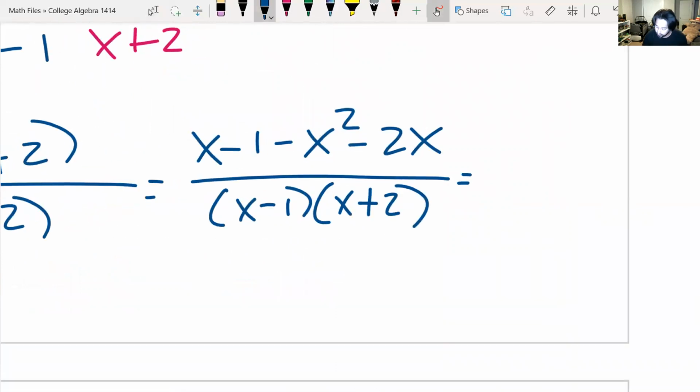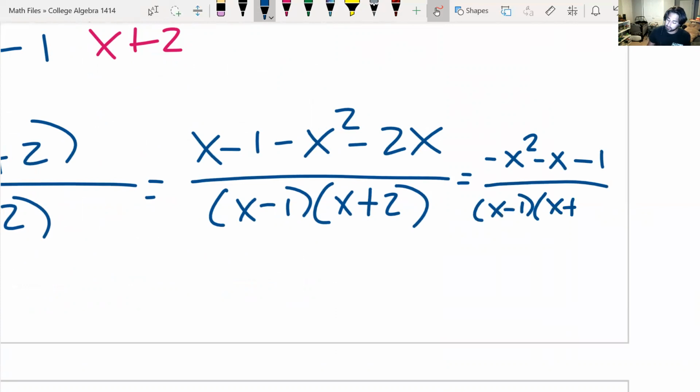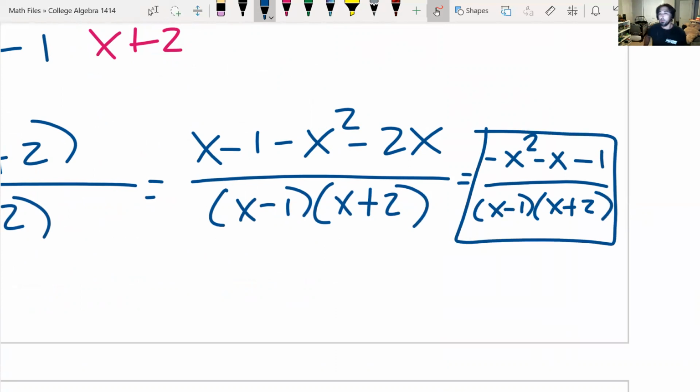And you'll be left with negative x squared, what do we have, minus x minus 1 over x minus 1 times x plus 2. Okay, where, again, the domain is the same. X cannot equal 1. X cannot equal negative 2.